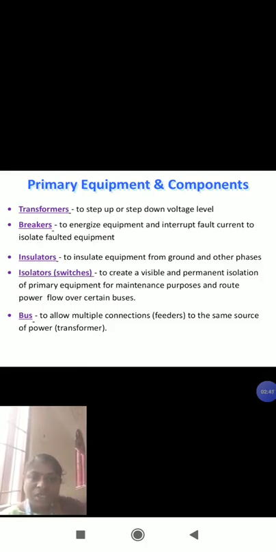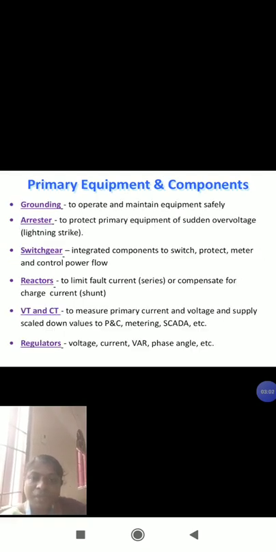The switches or isolators in order to create a visible and permanent isolation of primary equipment for maintenance purpose, and bus in order to allow multiple connections to the same source of the power, grounding in order to operate and maintain equipment safely.